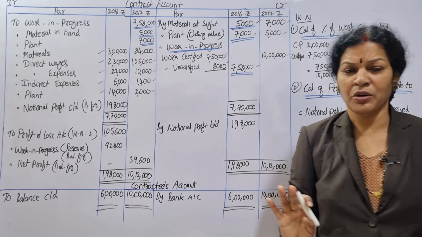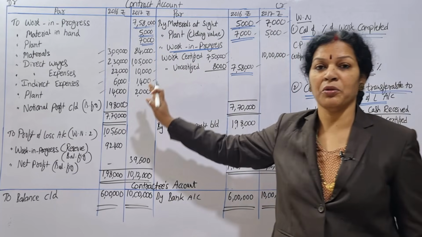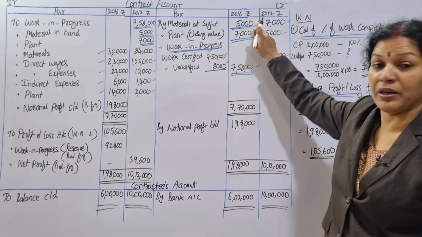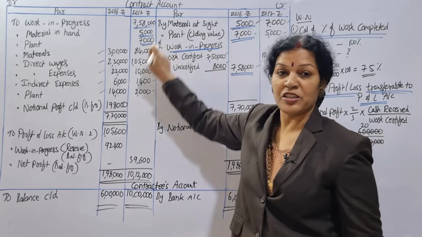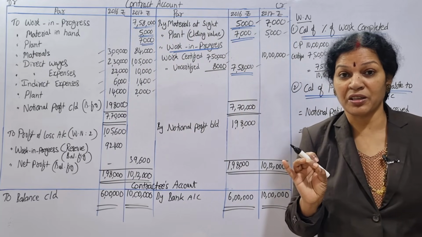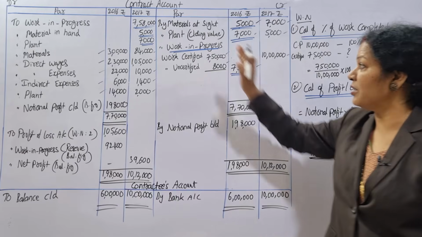All these things, as we have written for the 2016 year, in the same way 2017 year also we have written. But only these three amounts, that is the reason I have underlined with blue marker. 1, 2, 3 transfer to the closing balances, transfer as the opening balances of the 2017 year. Okay, this we have written.